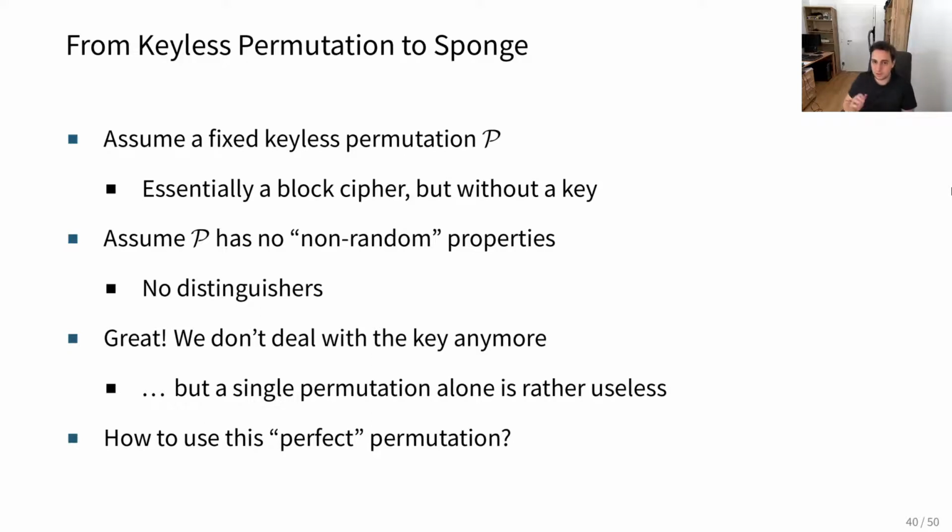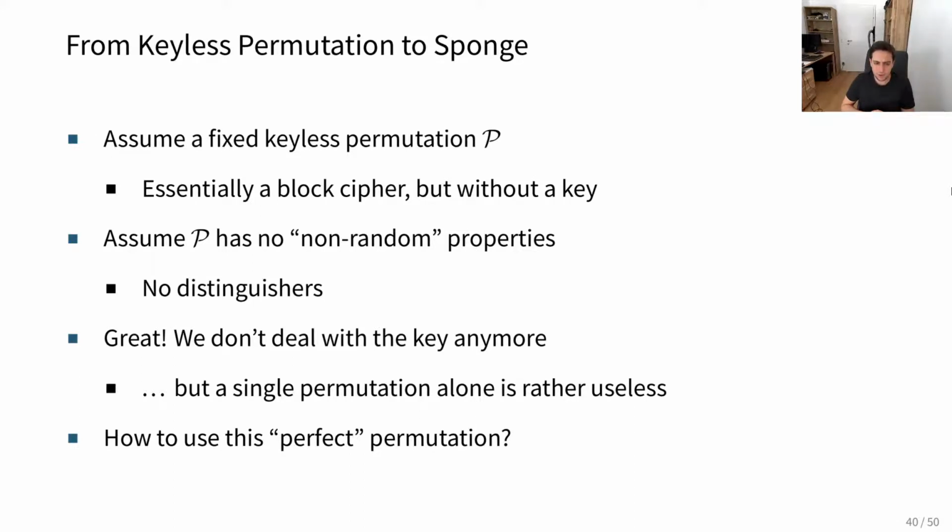So first, we can start with a keyless permutation. I've talked about the block cipher. A block cipher uses a key. Now I've told you that we don't actually want to use the key always. So let's just take the key away, which makes the block cipher essentially a fixed permutation. So it has no key.